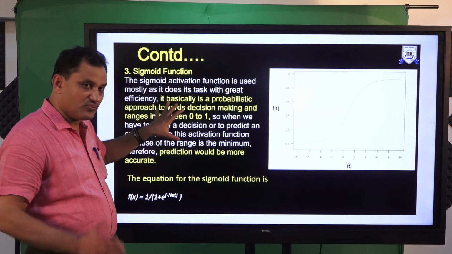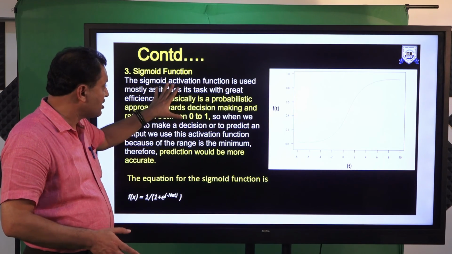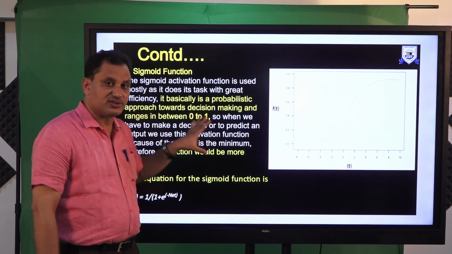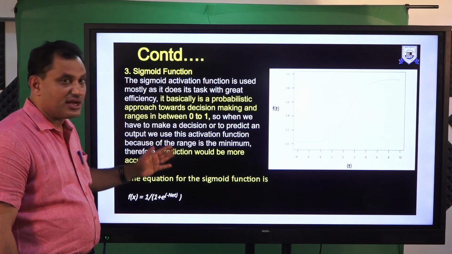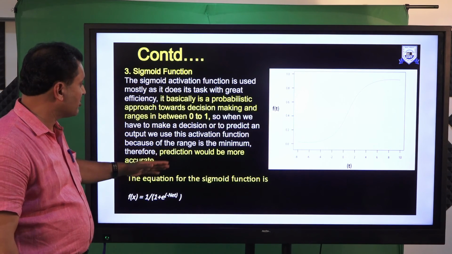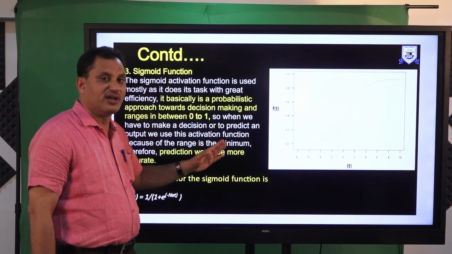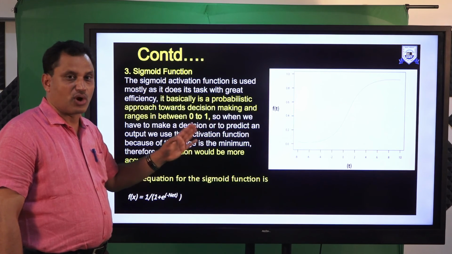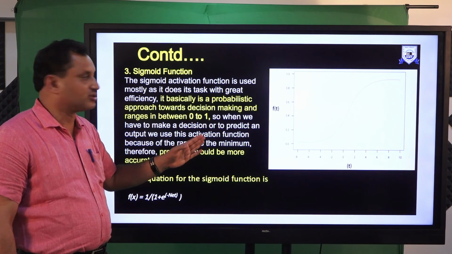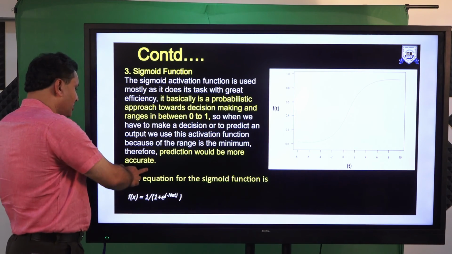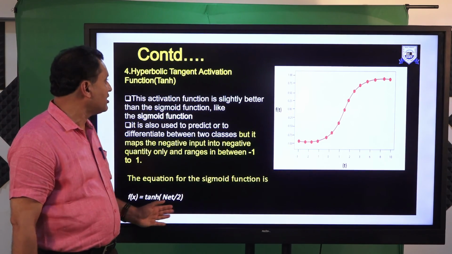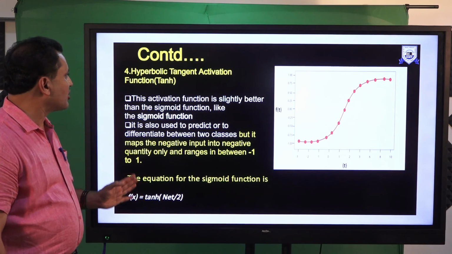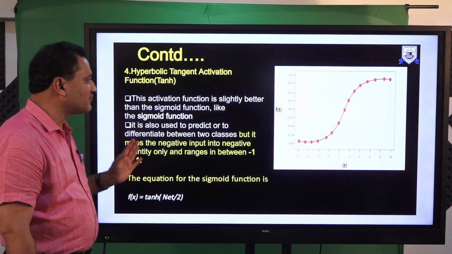When we solve the mathematical problem, we will apply the sigmoid function, and then you will better understand in which kind of situation we apply it. In backpropagation algorithms, while solving a problem by applying the backpropagation learning algorithm, this is a very useful function.